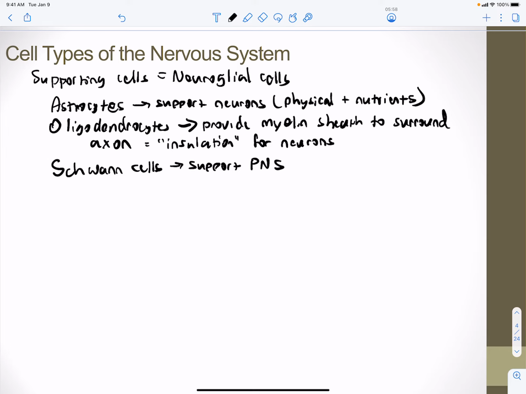And so Schwann cells are going to provide a myelin sheath, but they are limited in that they can myelinate only one axon.